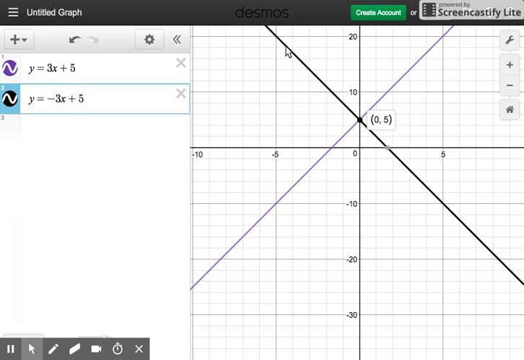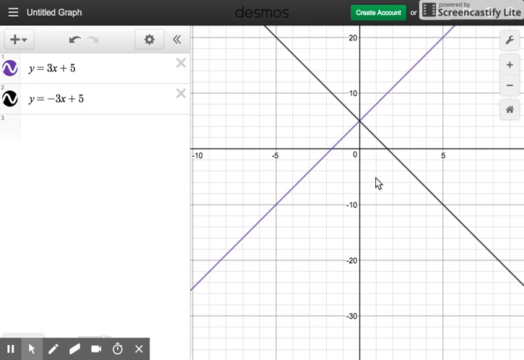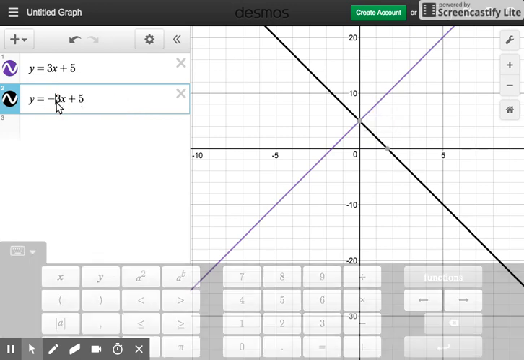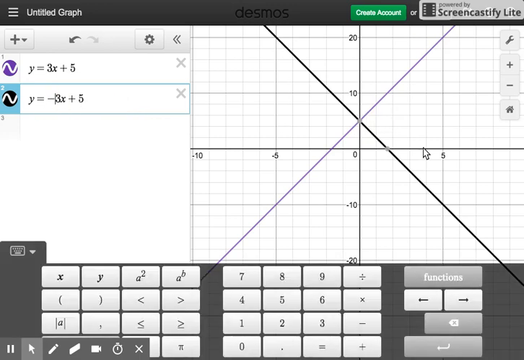But one is going from the top left to the bottom right, and the other is going from the top right to the bottom left, but they're still both intercepting at the exact same point because of our equations over here. And so the negative just makes it go from top left to bottom right instead of the normal way that we see them usually.